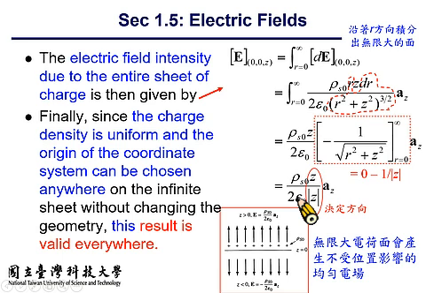The distance doesn't matter, which means the electrical field produced by an infinitely large surface has no limit. No matter whether you are close to or away from the surface, you experience the same amount of electrical field.